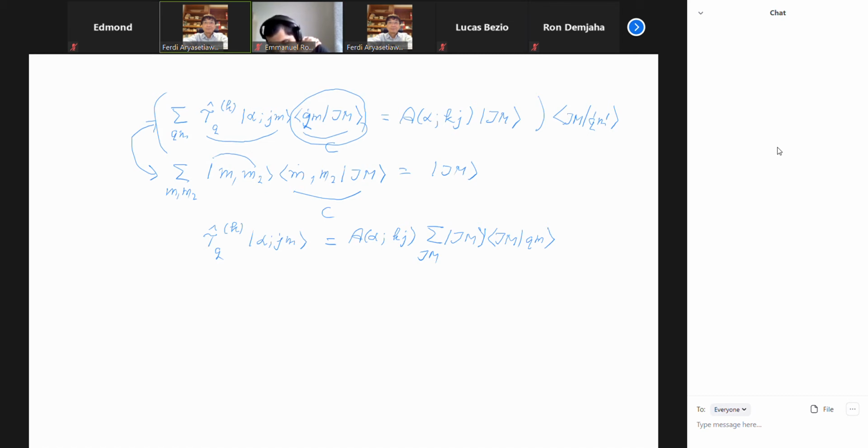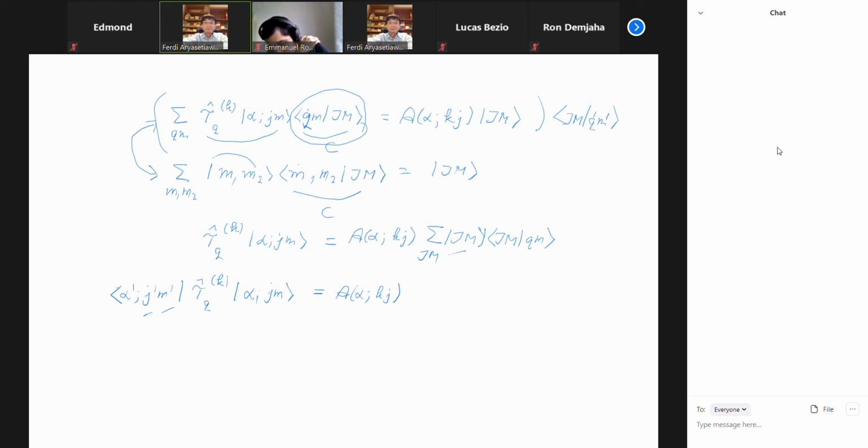If we take the matrix elements, or take the overlap of these with respect to some other state labeled by alpha prime, J prime and M prime, then we get the Wigner-Eckart theorem. So this J prime and M prime must be equal to this J, M, because otherwise it will be 0.